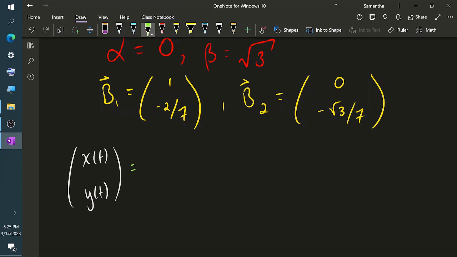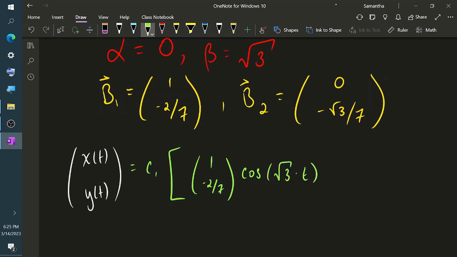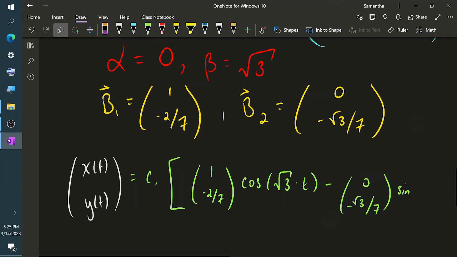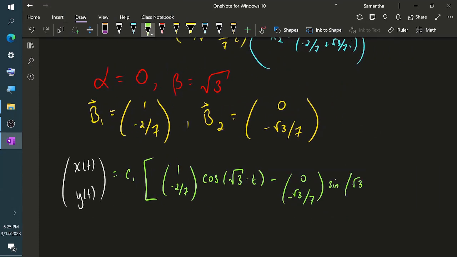They are given by c1 times b1, this vector, according to the theorem, cosine of beta times t, minus b2 times sine of beta times t, that quantity times the exponential of the real part of your eigenvalue times t. So in our case, 0t.